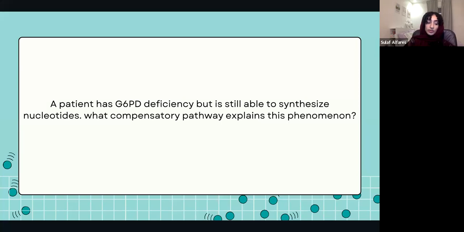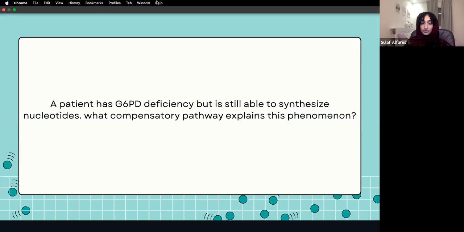Okay, first we have a scenario, not an MCQ. A patient has G6PD deficiency, but is still able to synthesize nucleotides. What compensatory pathway explains this phenomenon? I want someone to unmute and tell me how this happens, or write it in the chat if you don't want to unmute.